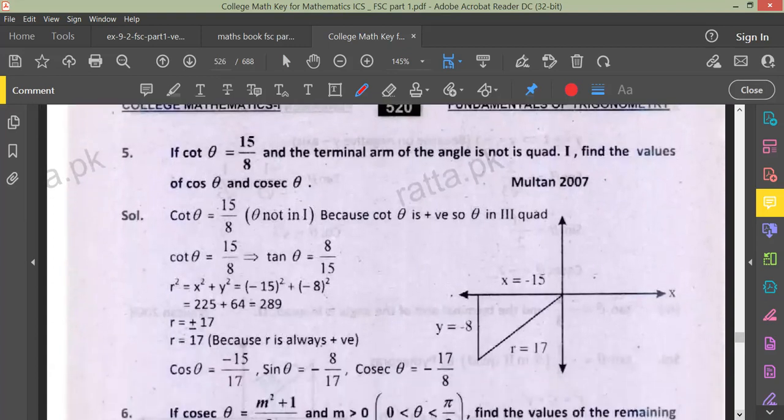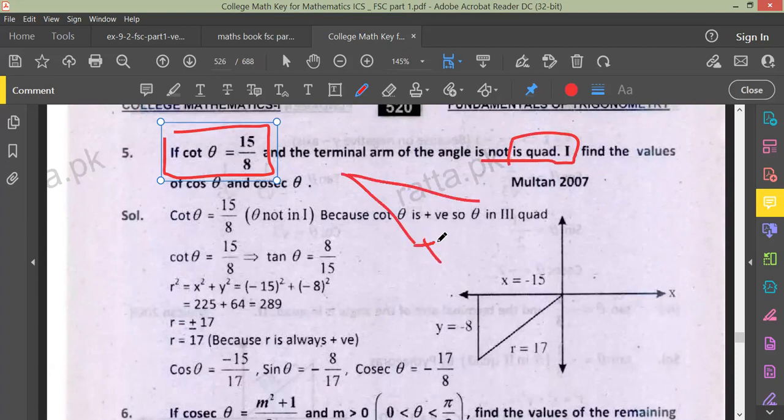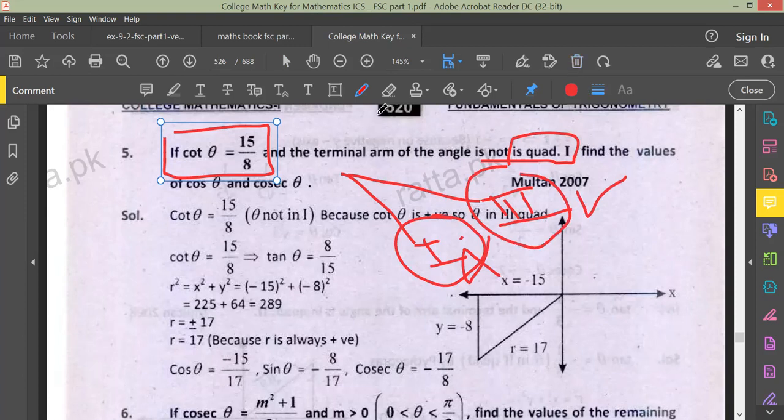Similarly, the next question: if cosec is 15 over 8, this is the same as the previous question number 4. And the terminal arm of the angle is not in quadrant 1. Cosec is positive in quadrant 1 and quadrant 3. We cannot take quadrant 1, so the final answer will be quadrant 3.